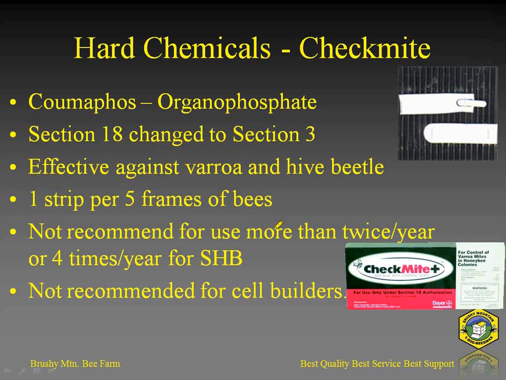So both for accumulation in the wax as well as, again, possible developed resistance. And in fact, now we are seeing resistance to Checkmate as well. So that's a problem. It's not recommended for use in cell builders. So this is for queen rearing.